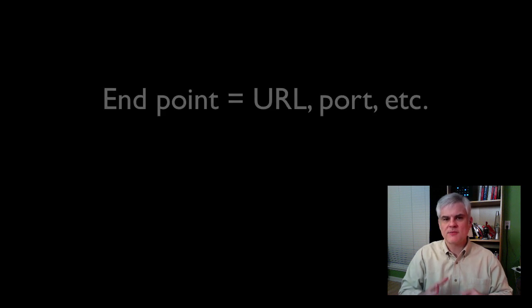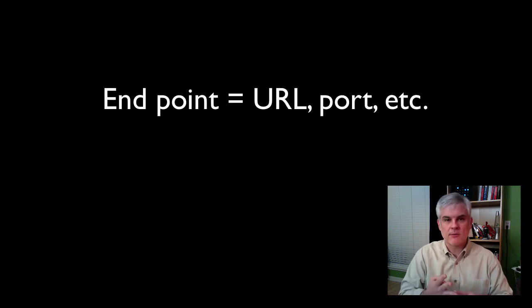So the way I see it, the role of a web services layer is to expose domain layer functionality through a set of well-defined web services, each service having well-defined endpoints. An endpoint is simply like a URL, a port number like port 80 or port 443 or something like that, a given transport technology like HTTP or TCP, and so on.